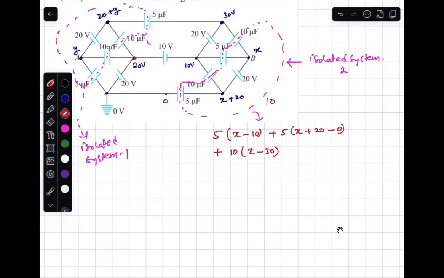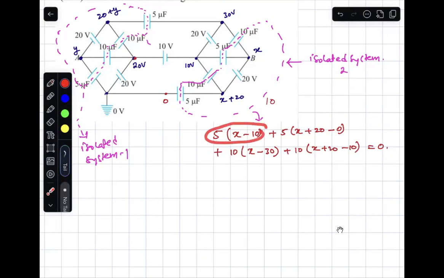There is one more 10 here. How do you take it? 5, 10, 5, there is another 10. How do I take that 10? 10 into x plus 20 minus 10 is equal to 0. Have you understood how I applied nodal method? I'll repeat again.